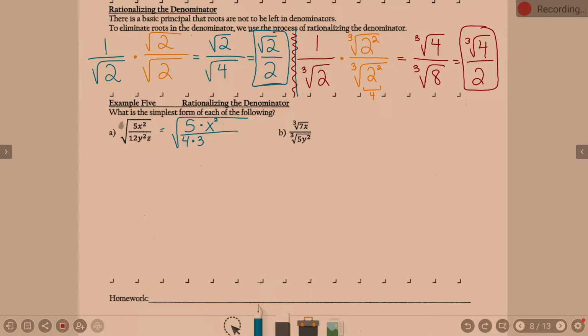So I split that up into perfect square and leftover piece. Y squared? Well, here in my next step, I'm going to be able to take a square root. Z, are there any perfect squares in Z? No. But this is where, you know, if you had, say, Z to the 3rd or Z to the 5th, we'd be splitting it into perfect square and leftover.